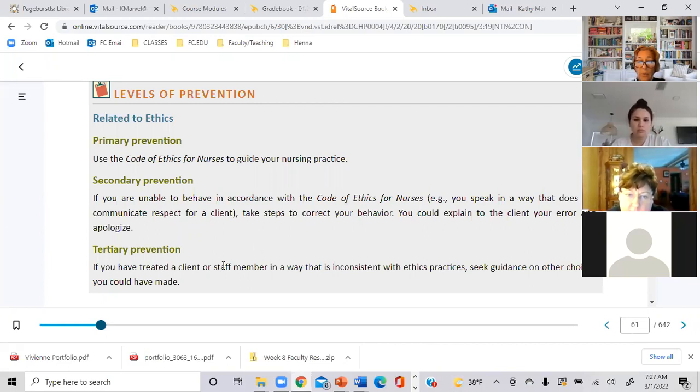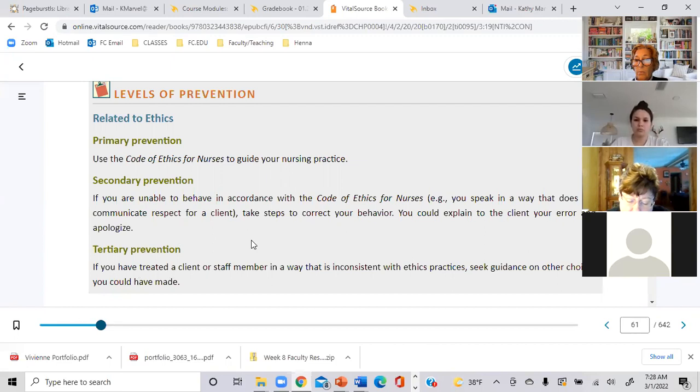And then tertiary. You have treated a client or staff member in a way that is inconsistent with your ethical practices. Seek guidance on other choices you could have made. So this tells me that you're probably dealing with a staff member or an employee who has already crossed that line, and has either been unethical or has a pattern, and you're having to work with that employee on a tertiary level, knowing that things have already happened.